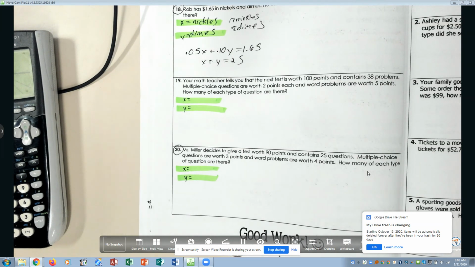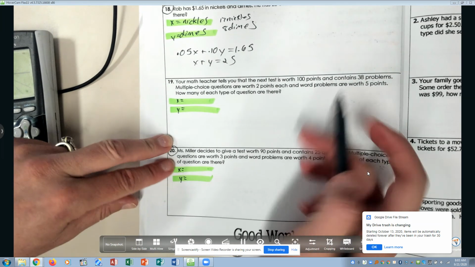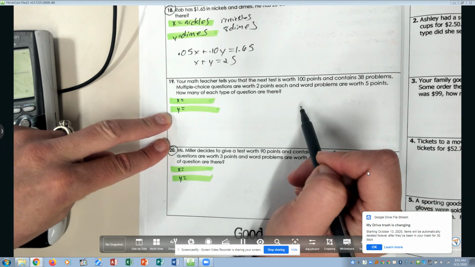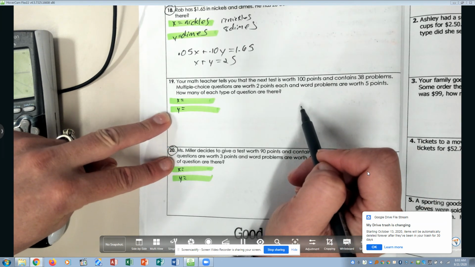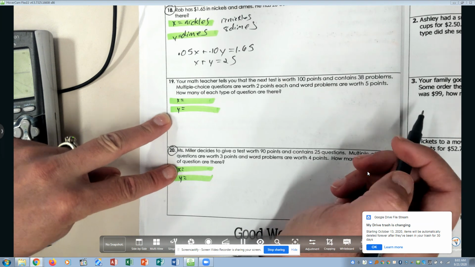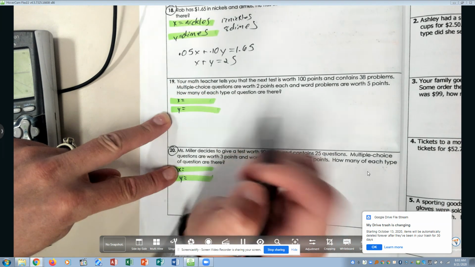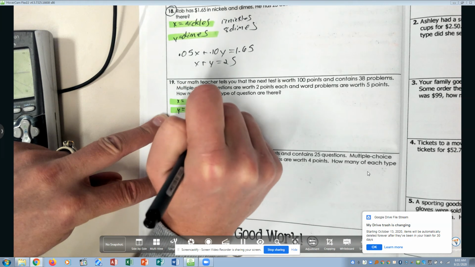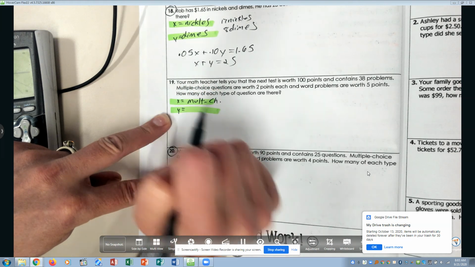So there's a math teacher. He says the test is worth 100 points. It contains 38 problems. Multiple choice questions are worth 2 points, and word problems are worth 5 points. So how many of each type of question are there? So we have multiple choice, and then we have word problems.